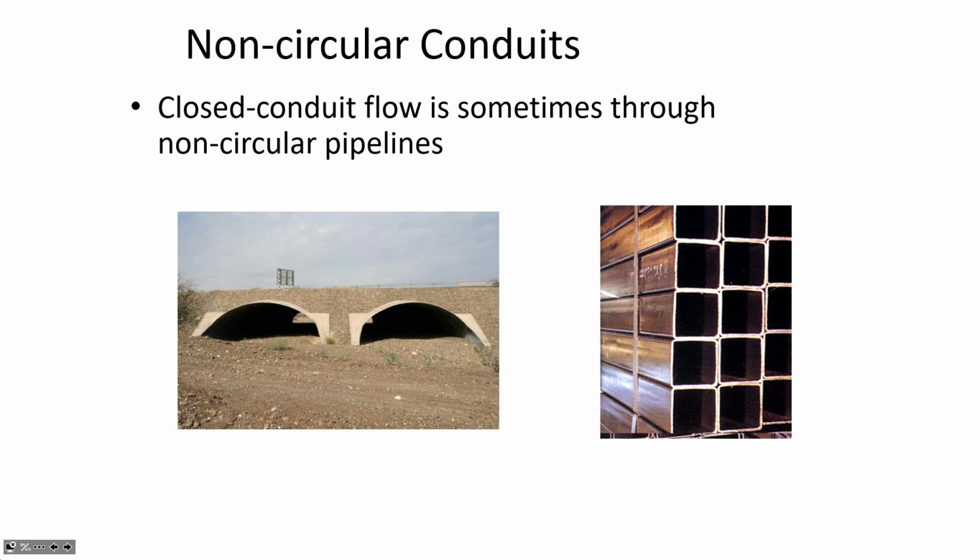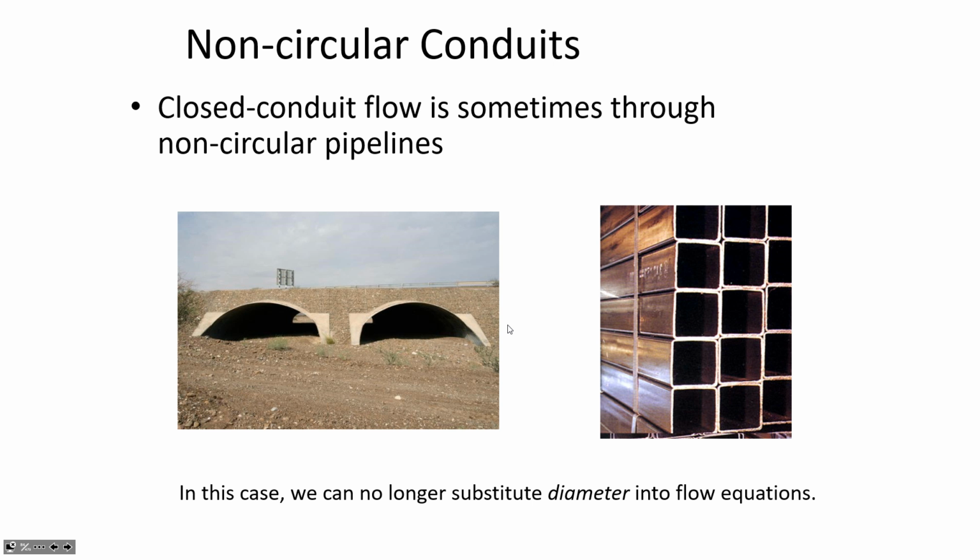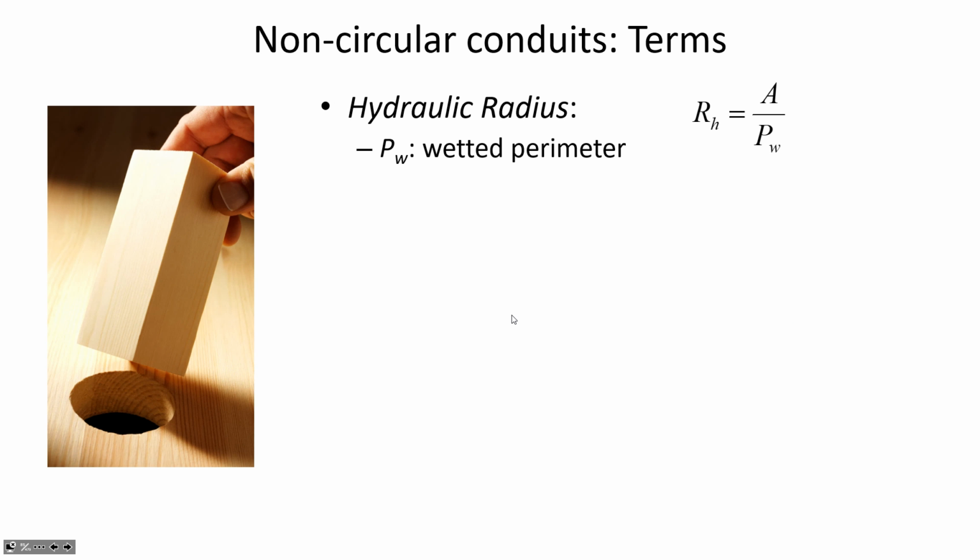What if you have water flowing through a rectangular, square, or arched pipe that isn't circular shaped, and you want to use the Darcy-Weisbach equation? You don't have a diameter anymore. So what's the replacement for that? If we can't use diameter, then the simplification is actually pretty simple.